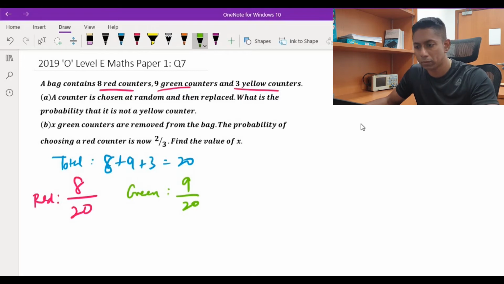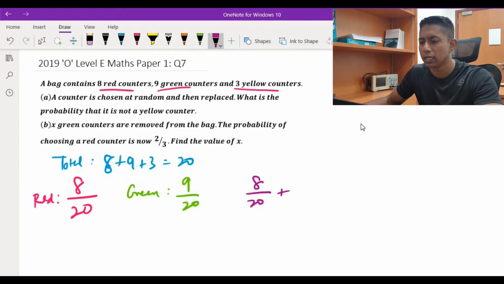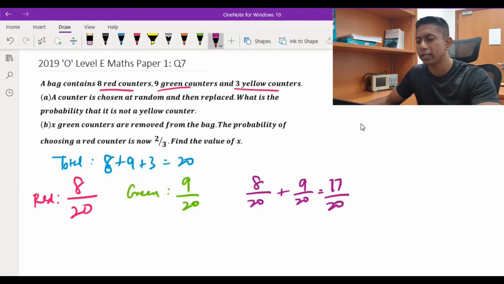So the total probability that it is either red or green will be 8 over 20 plus 9 over 20, and that will be 17 over 20. So this is the probability that it is not a yellow counter.